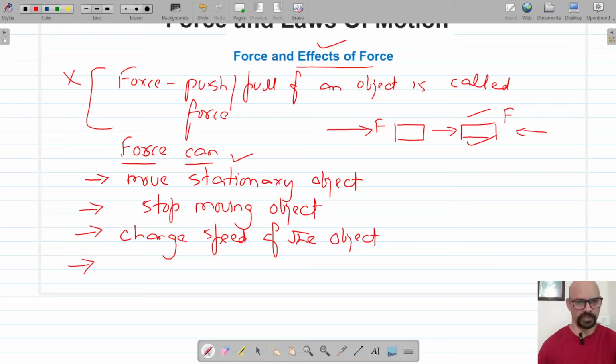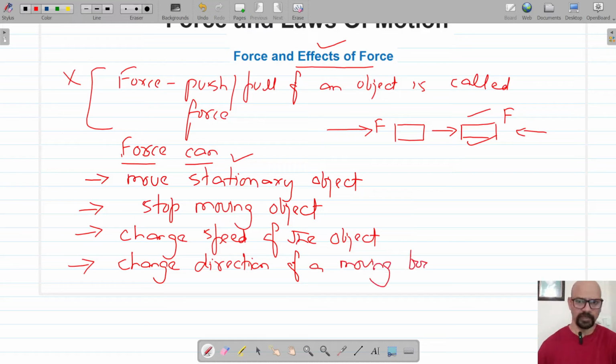We can also change the direction of a moving body when we apply a force.